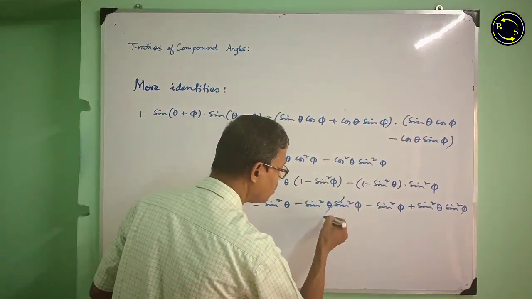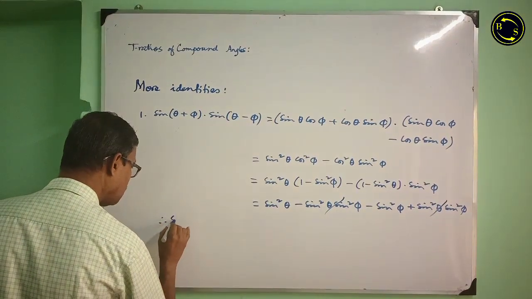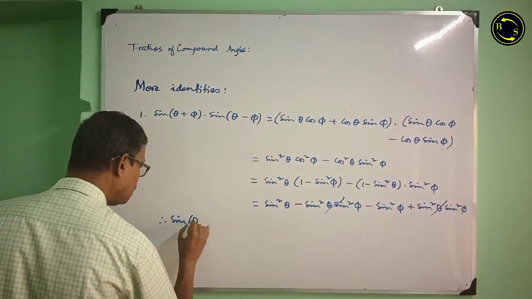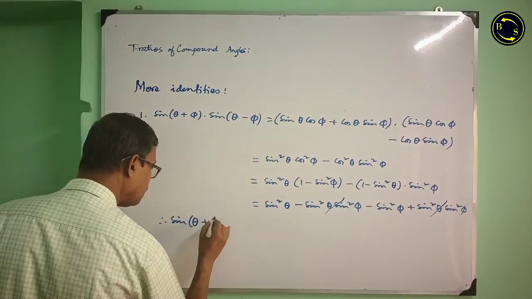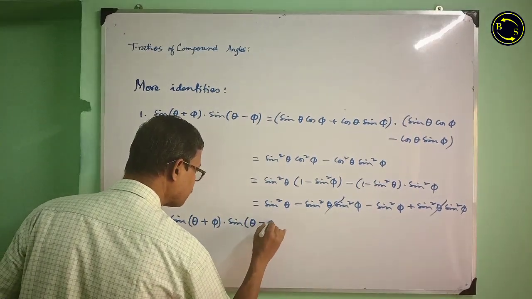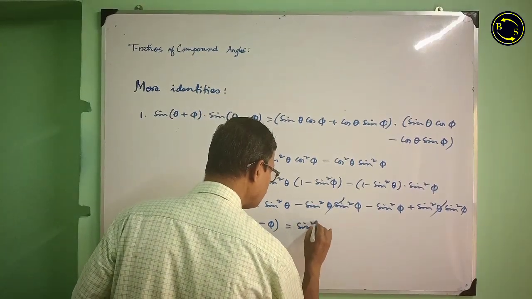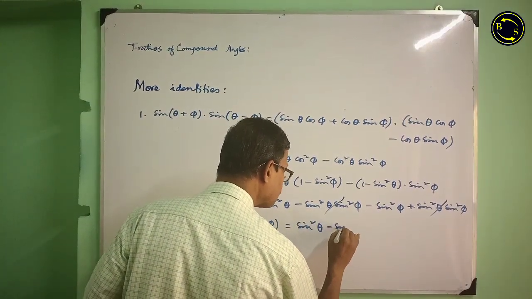You see, these two will be cancelled. Finally, we get sine of theta plus phi into sine of theta minus phi is equal to sine square theta minus sine square phi.